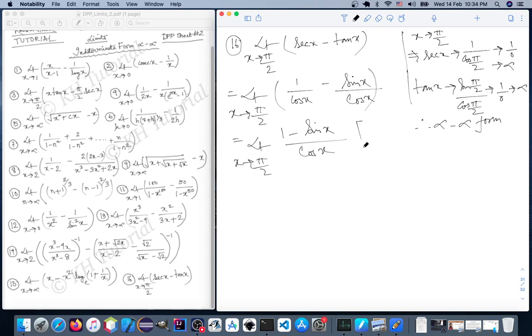This is of the form 0 by 0. If we apply L'Hopital's rule, we get limit x tends to pi by 2, minus cos x by minus sin x.